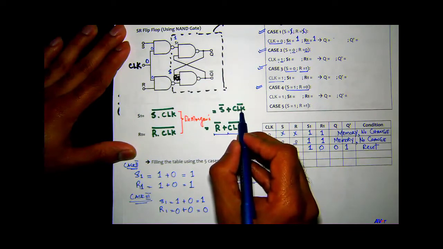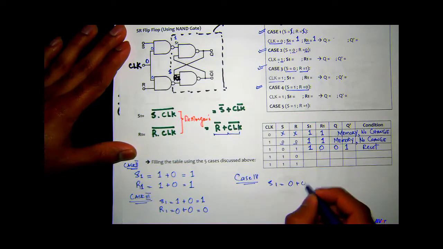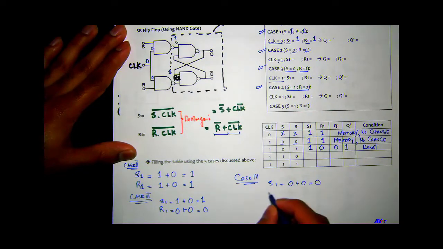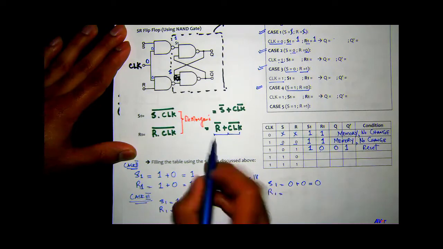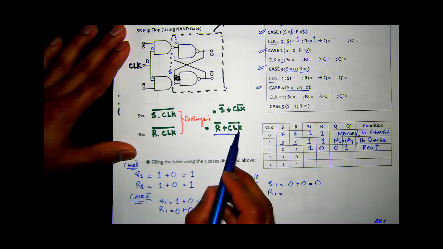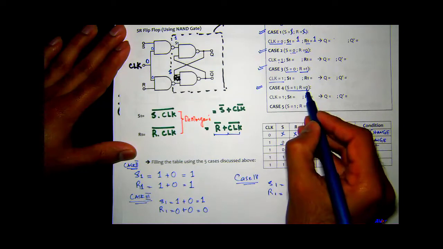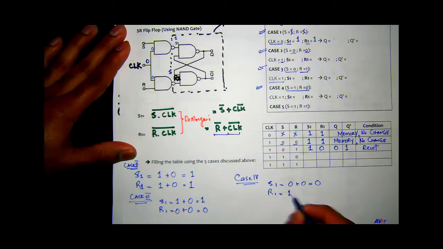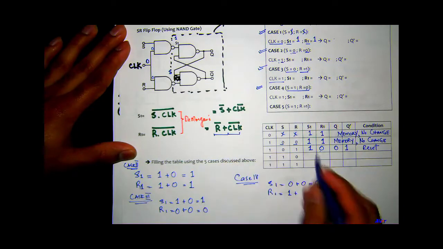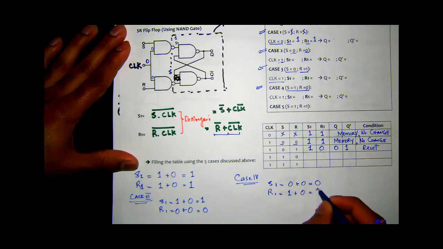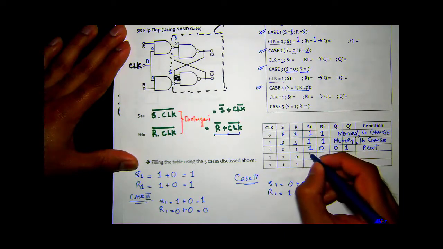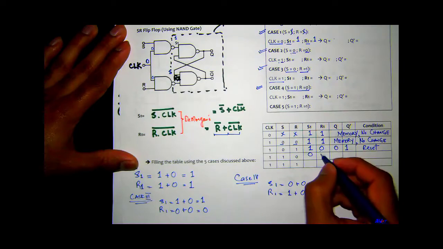Clock is high, so invert of that would be 0. 1 plus 0 equals 1. R1 is R bar plus clock bar. R is 1, so invert of that would be 0. Clock is 1, invert of that would be 0, so we get 0 here. So S1 is 1, R1 is 0.